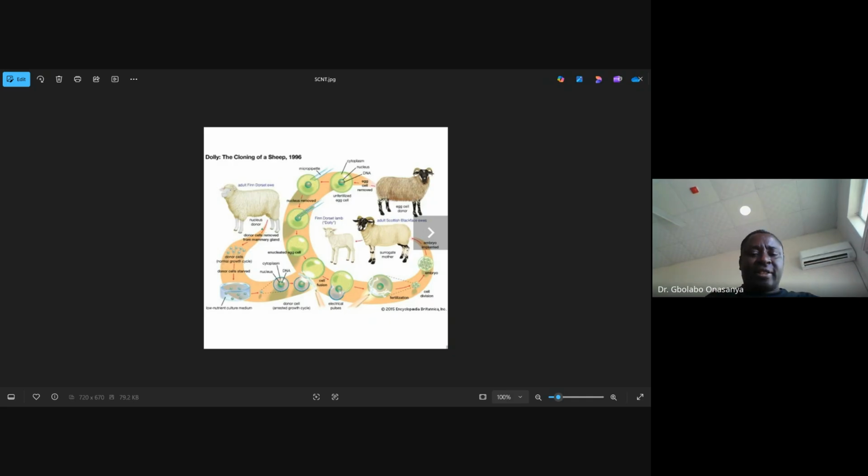Now we take a mammary gland cell from the human body. From the mammary gland, we take the mammary gland cell, which is the donor cell.